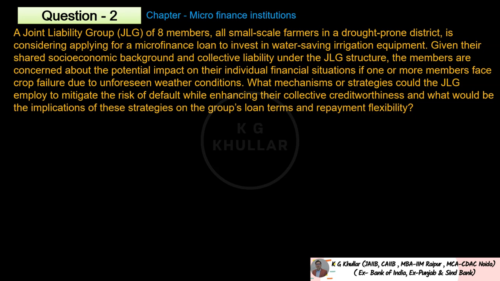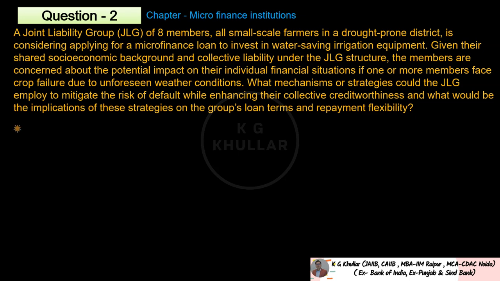Given their shared economic background and collective liability under the JLG structure, the members are concerned about the potential impact on their individual financial situations if one or more members face crop failure due to unforeseen weather conditions. What mechanisms or strategies could the JLG employ to mitigate the risk of default while enhancing their collective creditworthiness, and what would be the implications of these strategies on the group's loan terms and repayment flexibility?